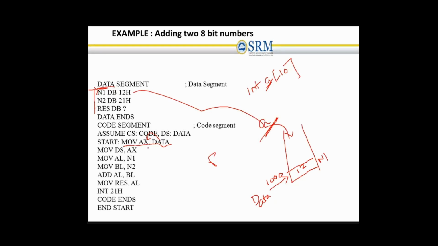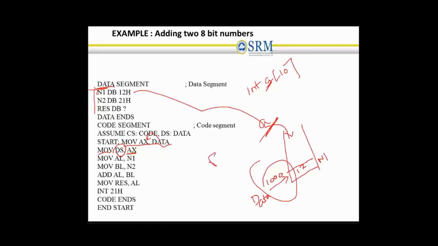After that, what I am doing in the move statement? AX contains the starting address, no, 1000. I am moving this 1000 to DS. What is DS? DS is the data segment register. Do you remember in architecture we have seen?